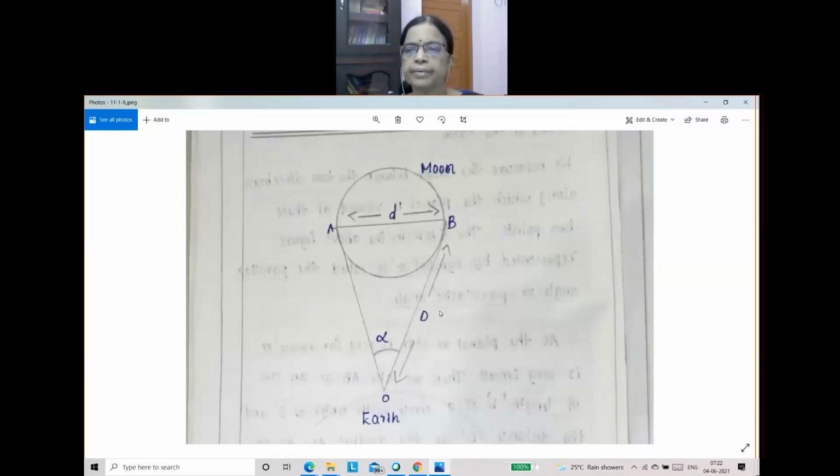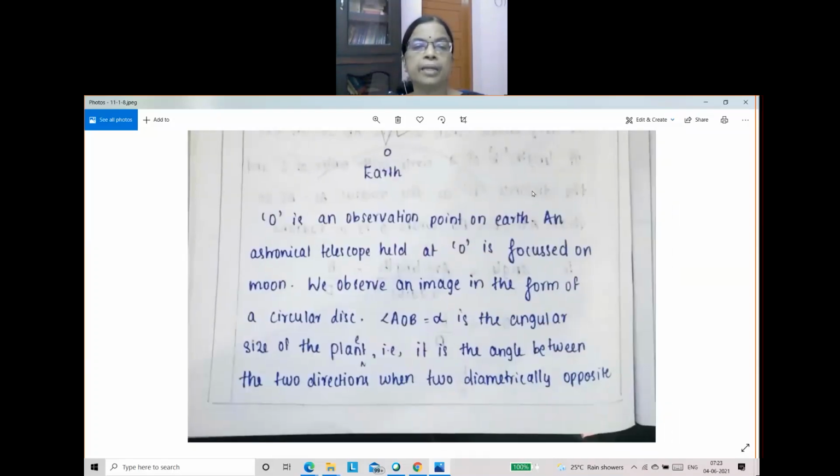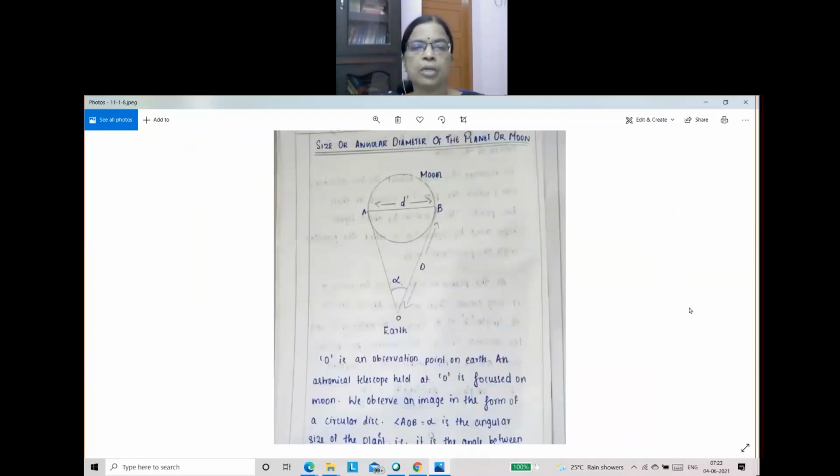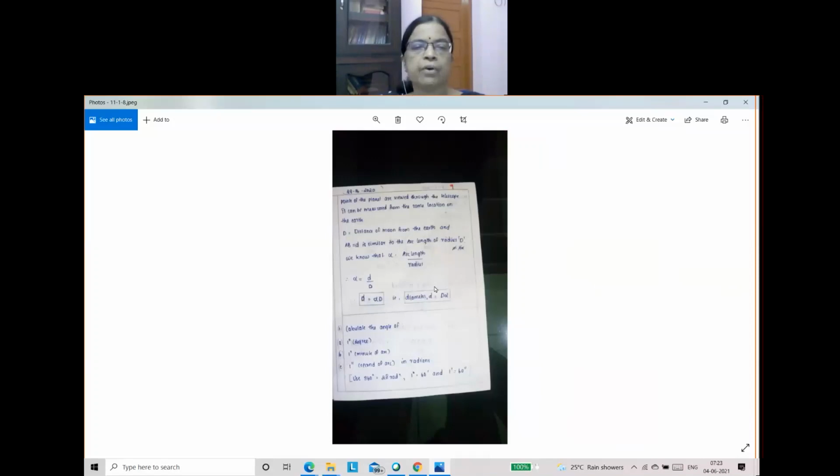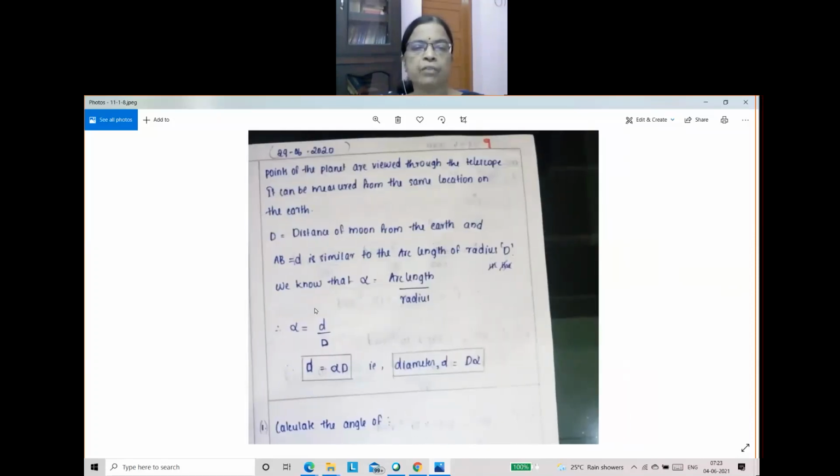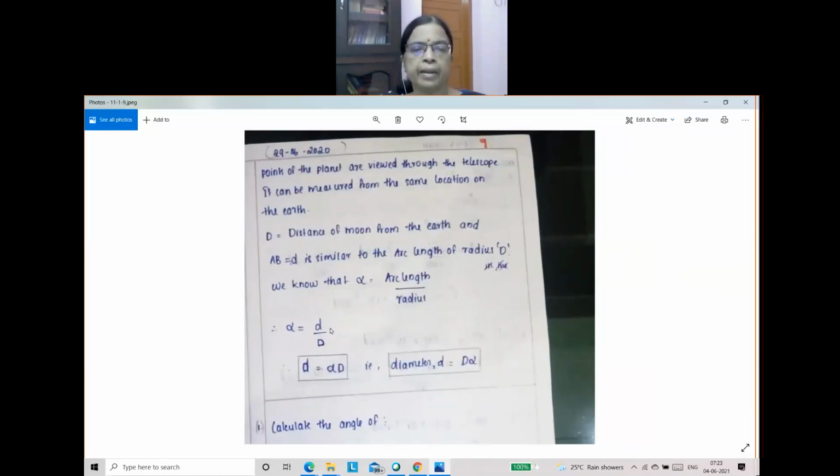So angle equals arc length by radius, small d by capital D. What is our aim? We have to find small d, the diameter. Cross multiply: diameter equals alpha times D. So this is another method to measure the diameter of the moon.